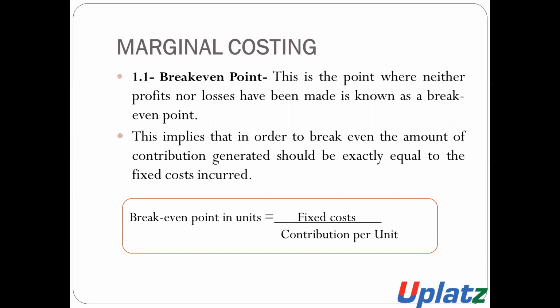The break-even point is a point where neither profit nor loss has been made, that is, where the amount of profit and loss is zero. There is no profit and no loss. Such a point is known as the break-even point.